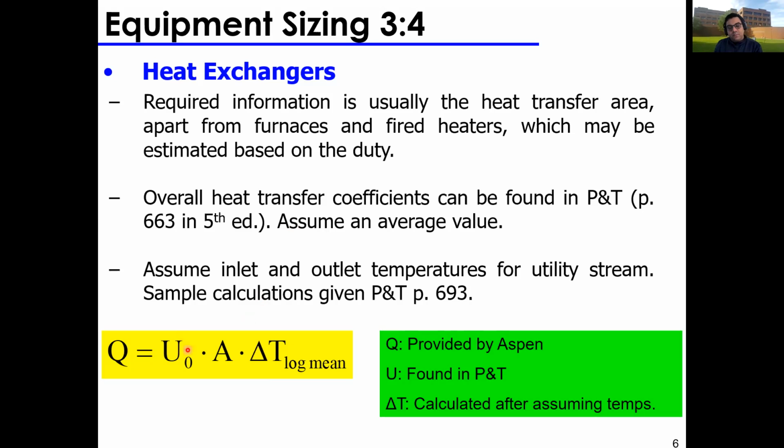And then your overall heat transfer coefficient, you find it from books, from reference tables, and it's a function of your heat exchanger design. Number of tubes, thickness of the tube, the number of passes, the type of unit you want to use, and the material you want to use. Do you want to use a heat exchanger with carbon steel? Do you want to use a heat exchanger with stainless steel? Do you have corrosive material?